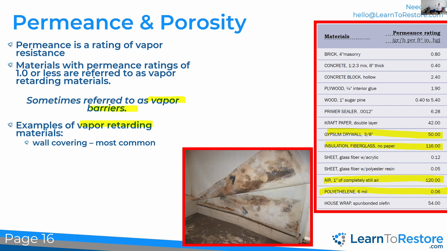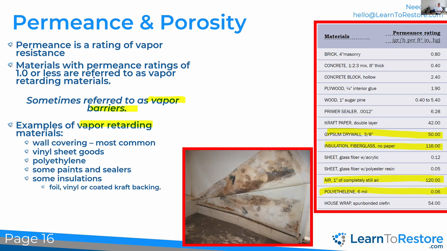If something's a vapor barrier, like a latex paint or a wallpaper, I can't dry through it. I have to dry from the other side or tear something out to get there. So I have to understand permeance and permeability of my materials, what the perm rating is. Things that are non-permeable: vinyl wallpaper, vinyl floors, certain paints and sealers, insulation with a paper or metal foil backing on it, things like that.